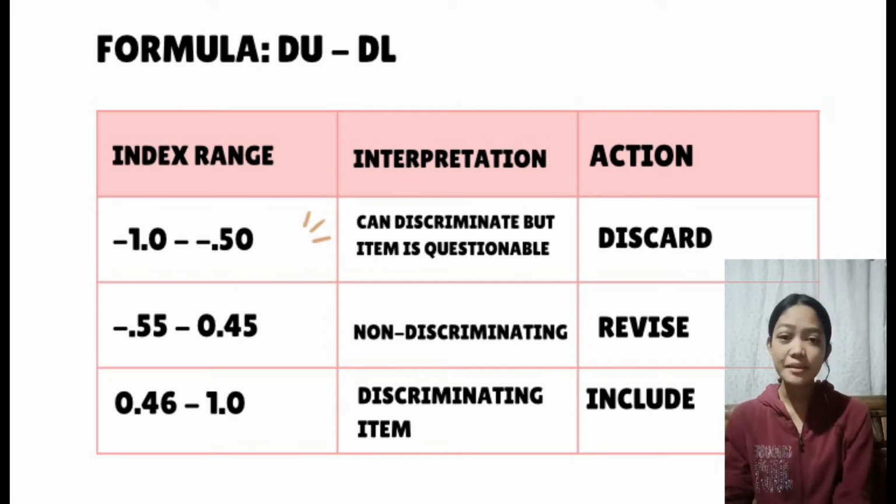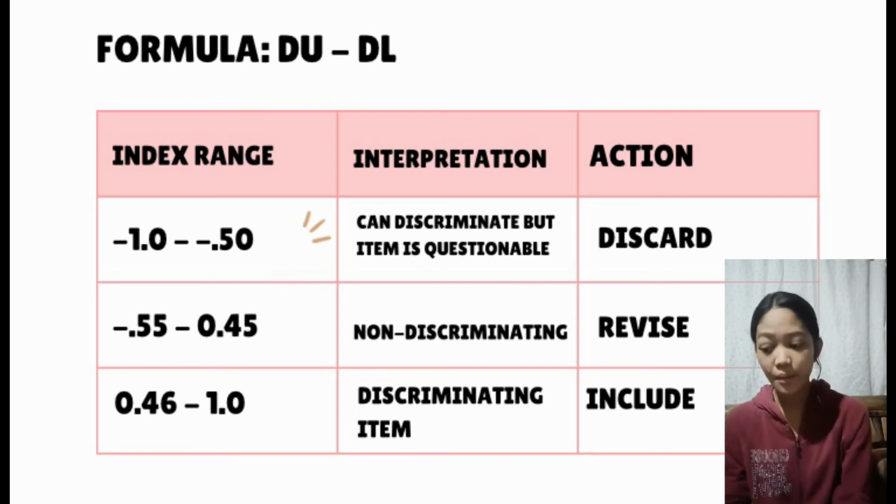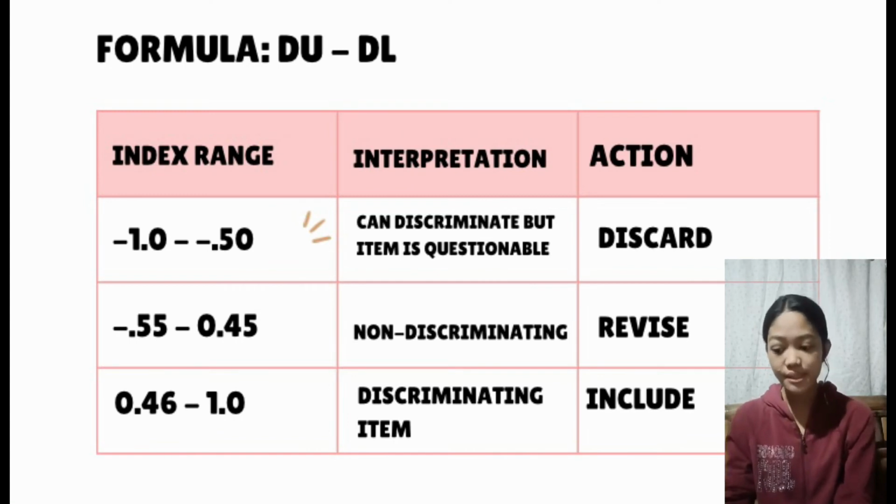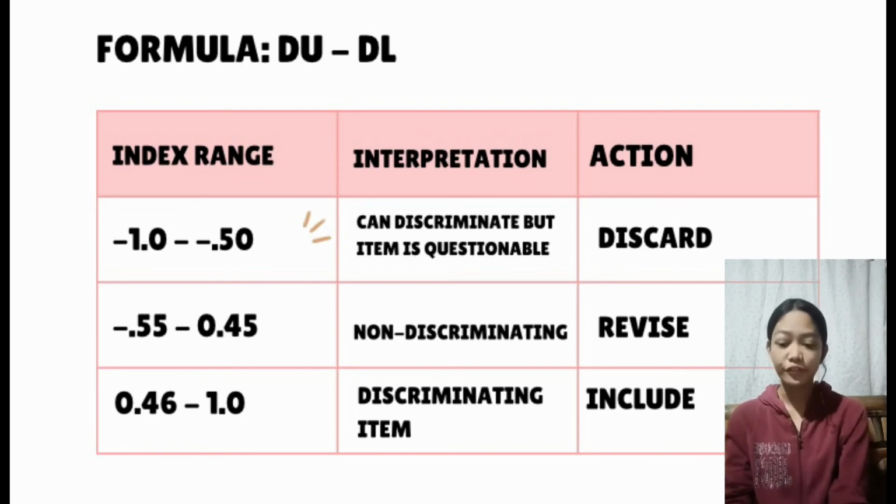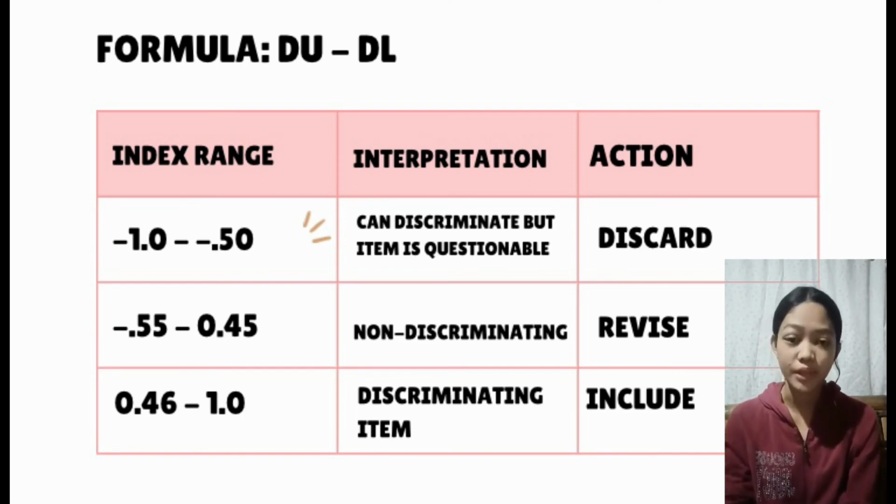So, let's imagine a scenario. A scenario A, B, and C. Sa letter A, if all the students in the highest group answered the item correctly, while not one of those in the lowest group selected the correct answer, this will therefore be a perfect discrimination.